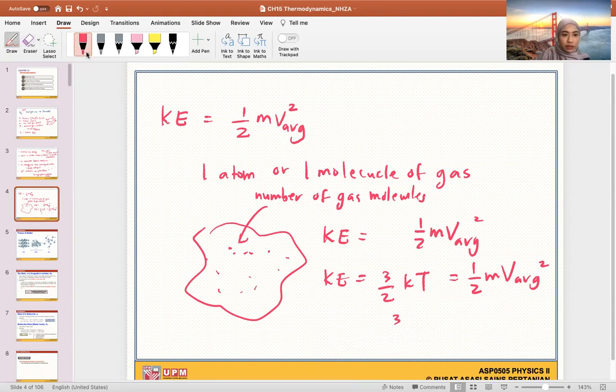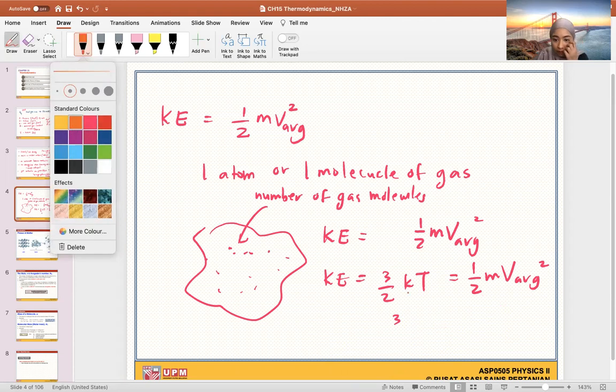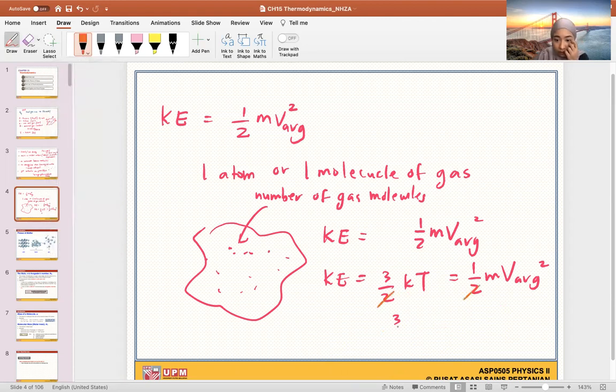Okay, let's use a different color. 3kT over m equals v average squared. I want RMS. So what do I do? I put in this root here. So now it becomes VRMS. So this root of v average squared is equal to VRMS. If I root here, I have to root here as well: 3kT over m. Okay, so I hope this is clear.